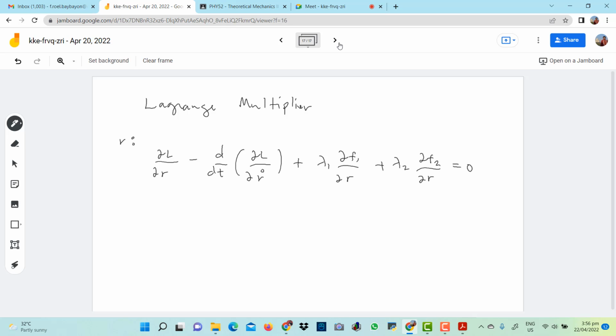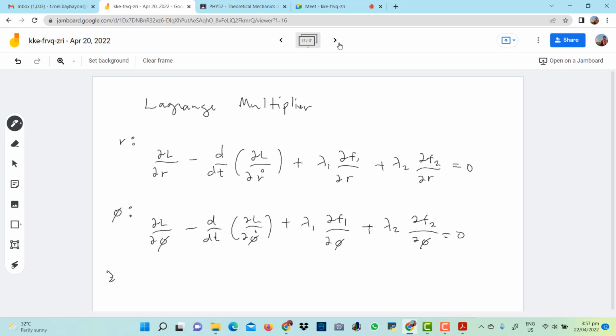And then in terms of phi, I have partial L with respect to phi minus d/dt of partial L with respect to phi dot, plus lambda 1 partial f1 with respect to phi plus lambda 2 partial f2 with respect to phi equals 0.